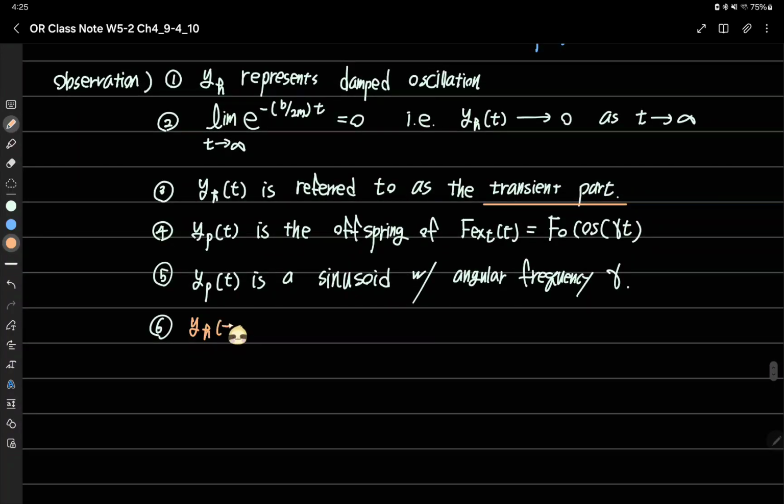So YH of t is the transient term, and YP of t is the steady state solution.